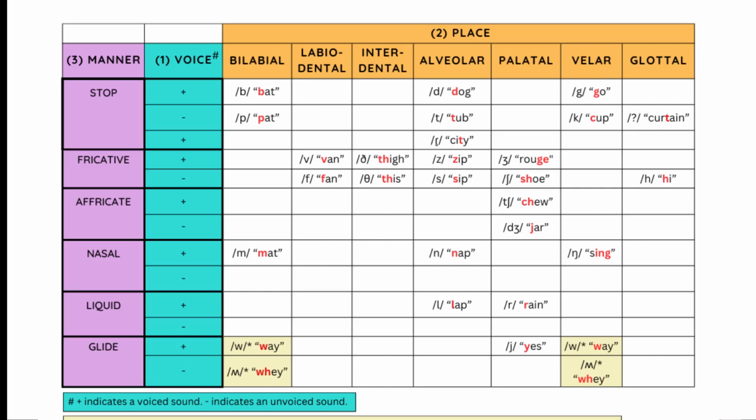It is a voiced bilabial stop. If we look at the v sound down here, it is a voiced labiodental fricative. That's how a sound will be described.